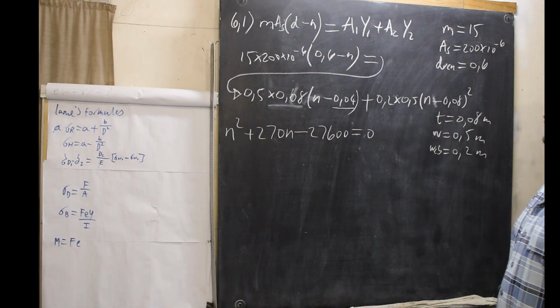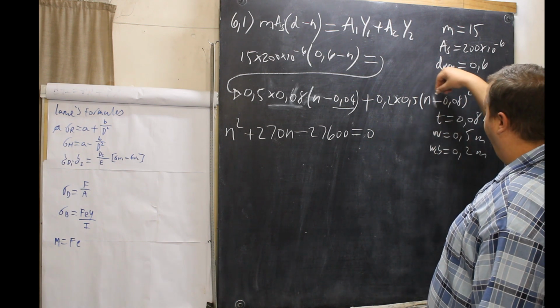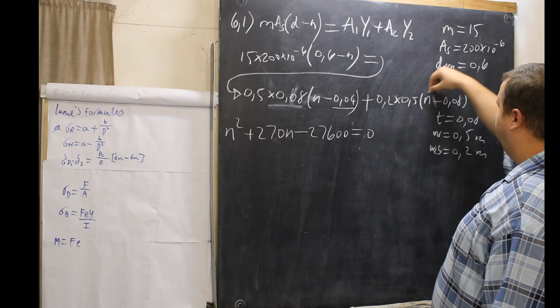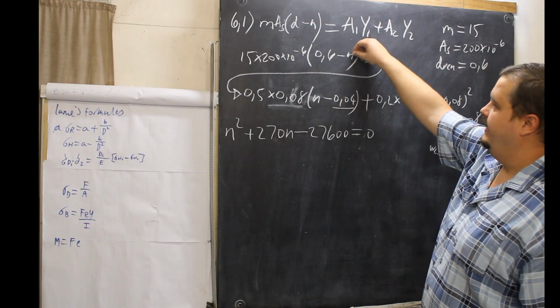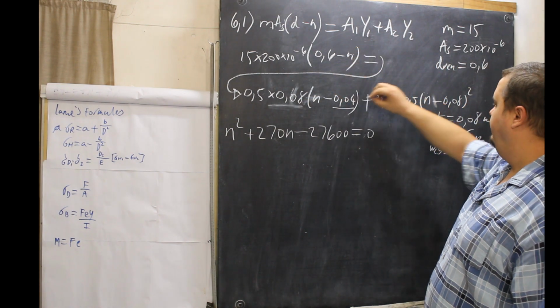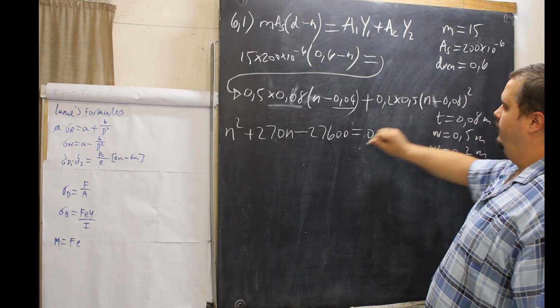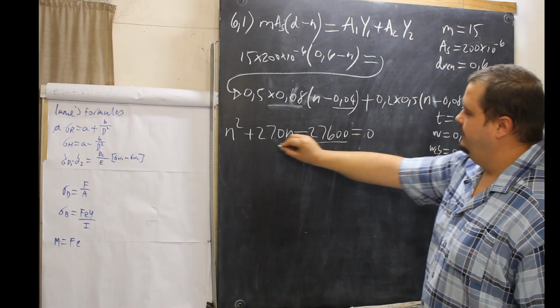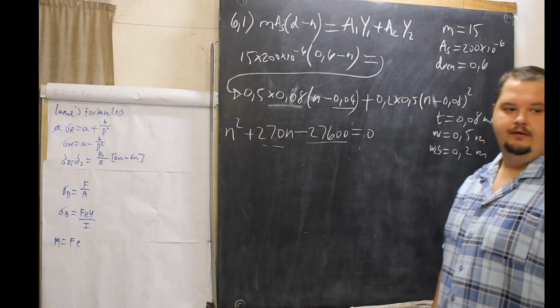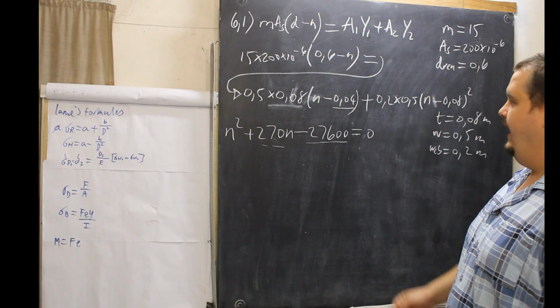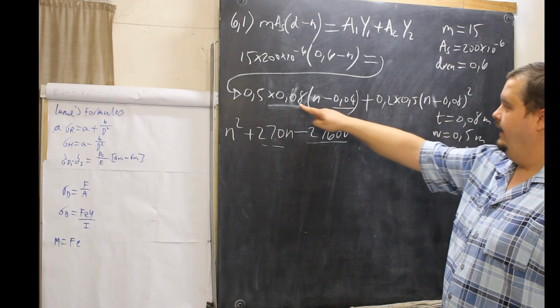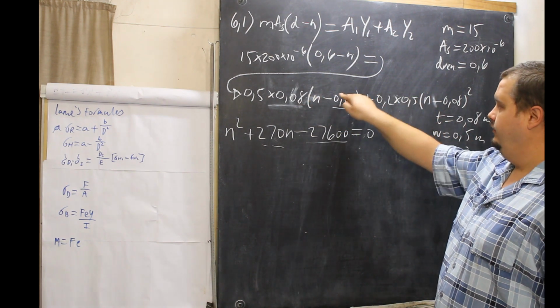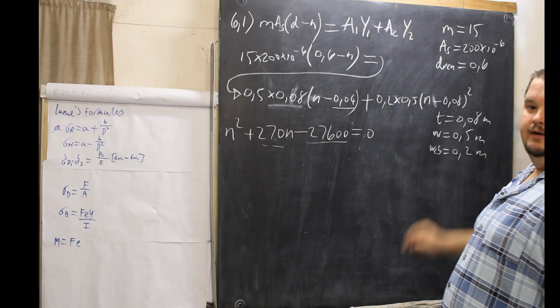Wherever we have n squared, there's your n squared, there's your n, and there's another n here. All the numbers add up to this eventually, but you will multiply each one through and get them separately.